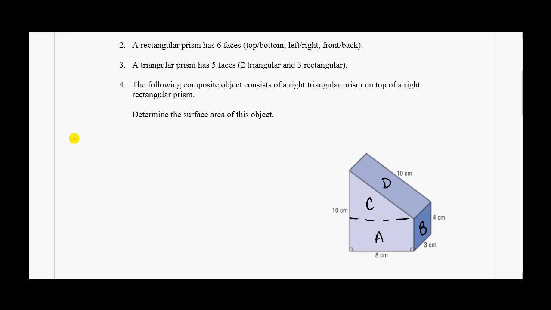I'm going to focus on the rectangular prism first. The area of side A, length by width. Now there are two A's, the front and then in behind, the back. So we'll multiply the formula by 2.